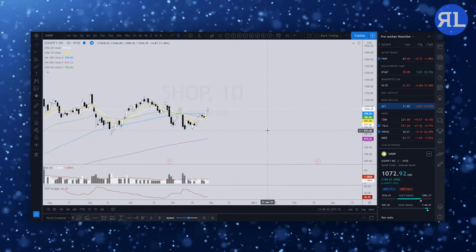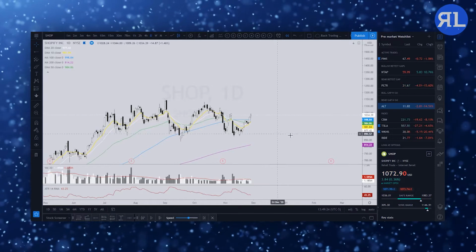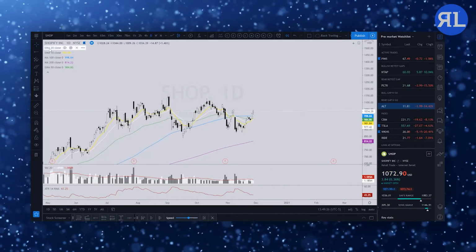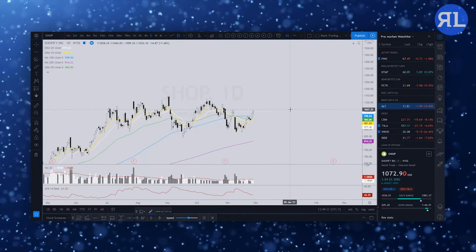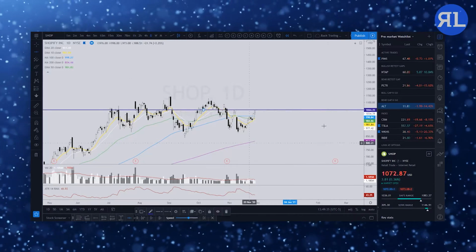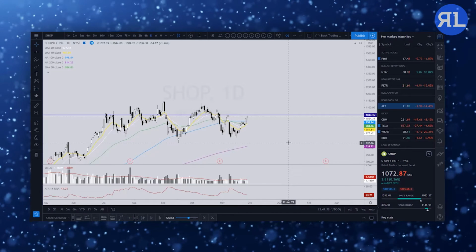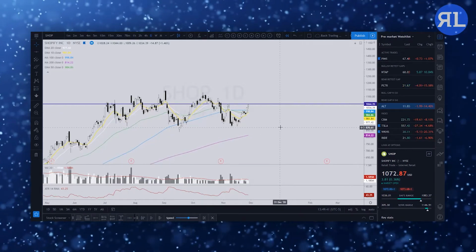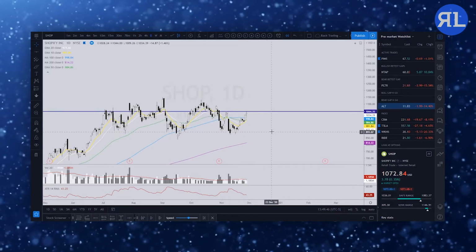The first thing I want to talk about is what I do to find my support resistance levels on the daily chart. We aren't able to look at the pre-market because that is a flaw with TradingView. They don't allow you to go back and forth, and I really don't want to see what's going on with the future when I'm in the playback mode. So I just stick with the pre-market turned off, and I just know that it was gapping up.